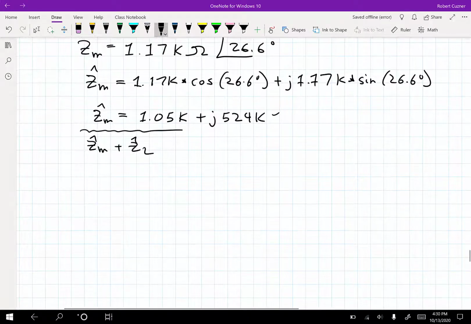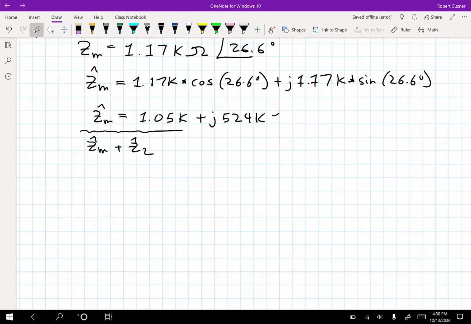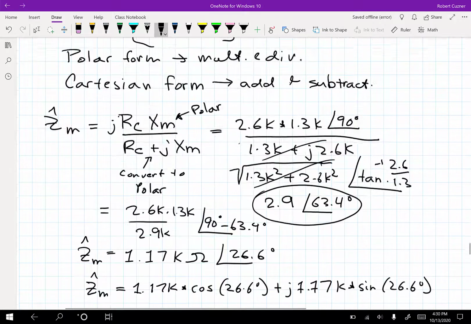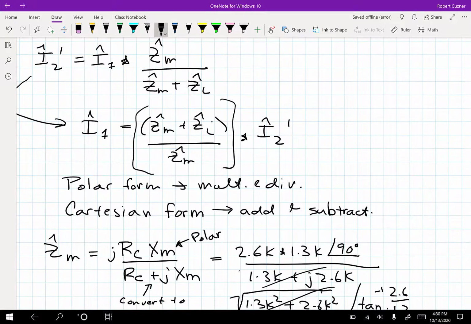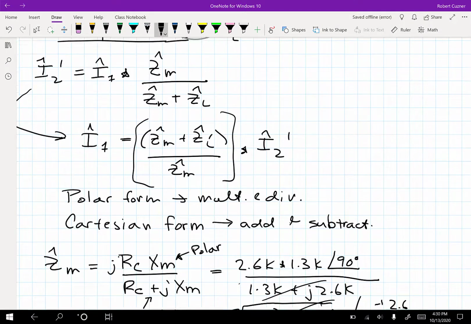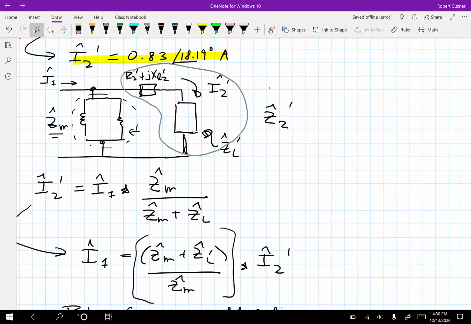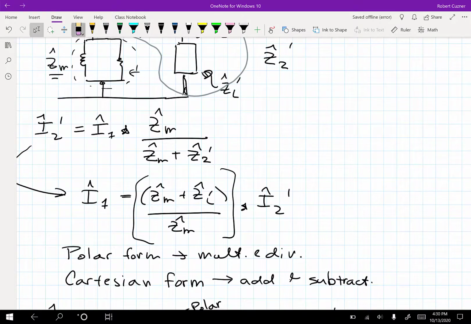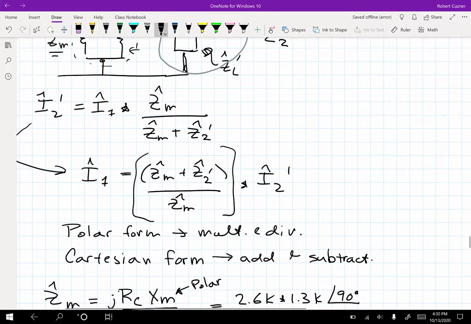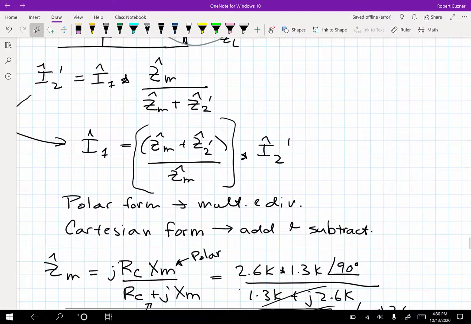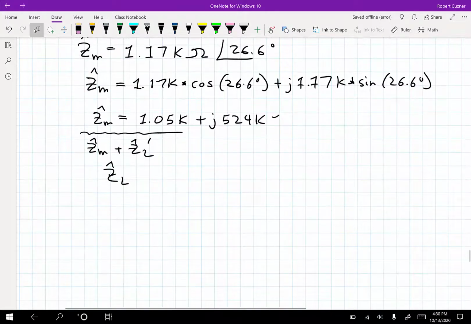Oh, we haven't found it yet. Okay, so it's actually Zl prime. Let's make sure we've got the primes in here. I've got to go back and fix this. This is Z2 prime.